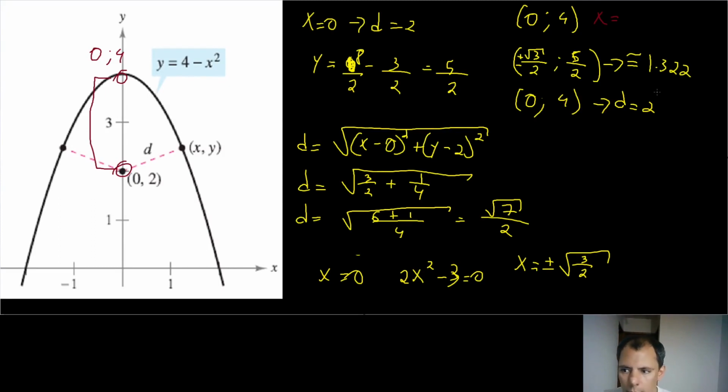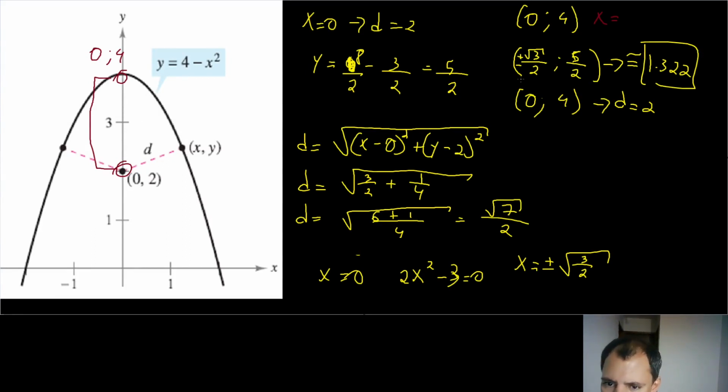Well, this is less than that, okay? D equals 2. So you can see that the shortest distance between this D and an arbitrary point in the graph is this one here, when x is plus or minus square root of 3 divided by 2.